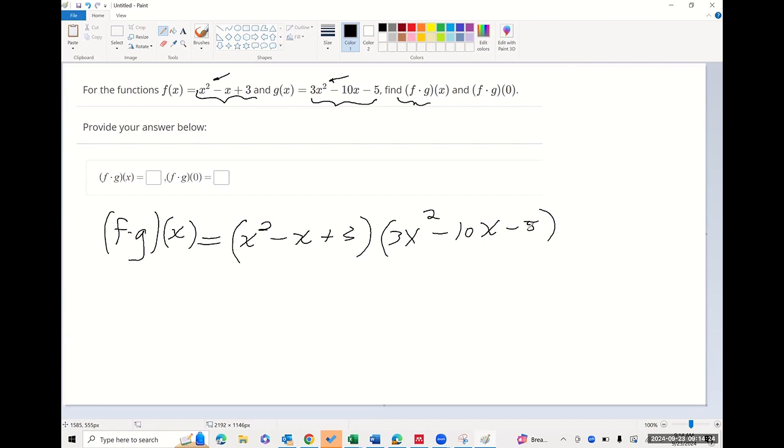And what we're going to do is the distributive property. There's going to be quite a bit to do, but as long as we do things in order, we'll be able to keep track of what we're supposed to do.